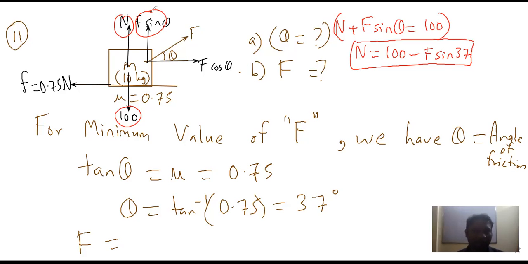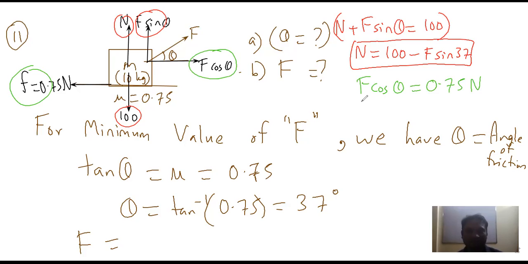Now in the horizontal force balance, I can consider these forces in green color, F cos theta and friction. So F cos theta is equal to 0.75 into N. So F cos 37 is equal to 0.75 into N value. I'll substitute here. So it will be 100 minus F sin 37.